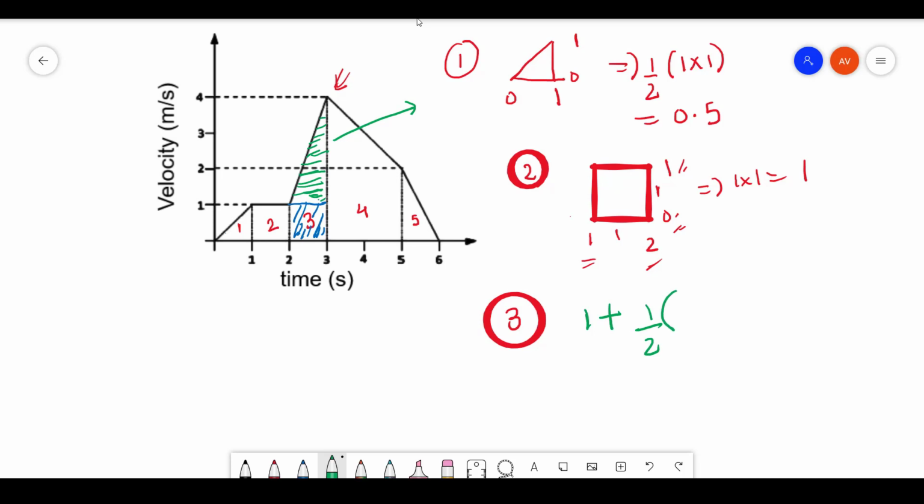The base is 1 because it is varying from 2 to 3, and in the y direction it is varying from 1 to 4, so its height is 3, 4 minus 1. So what you get is half into 1 into 3, which is 1.5, plus 1, so you get 2.5.